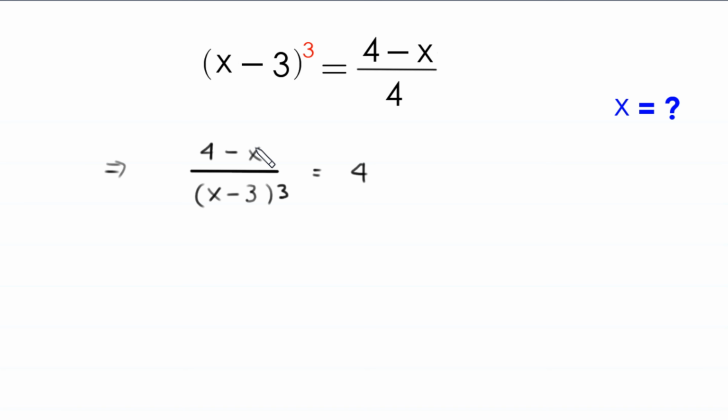This 4 minus x can be written as 1 minus (x plus 3) divided by (x minus 3) cubed equal to 4.